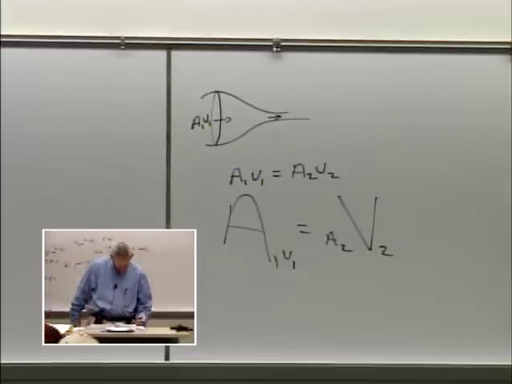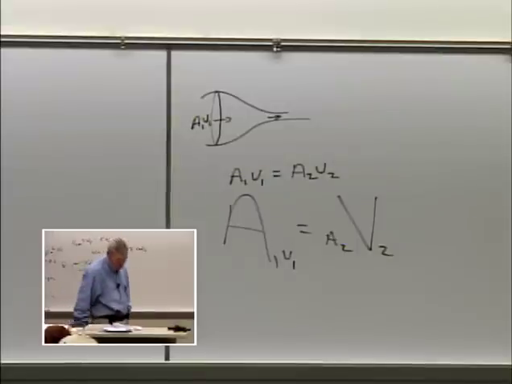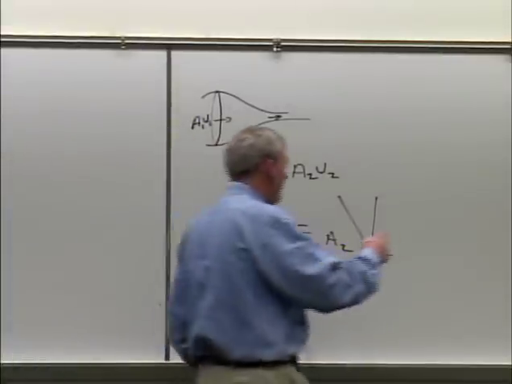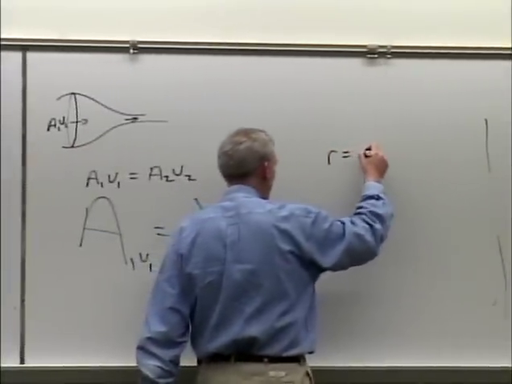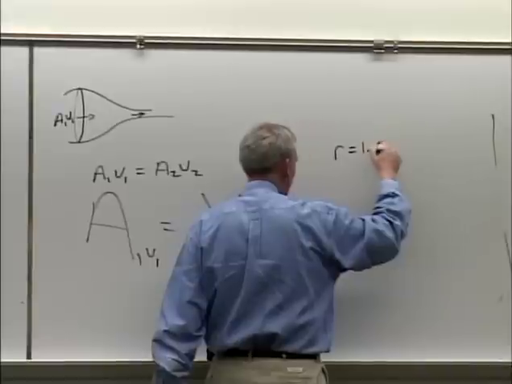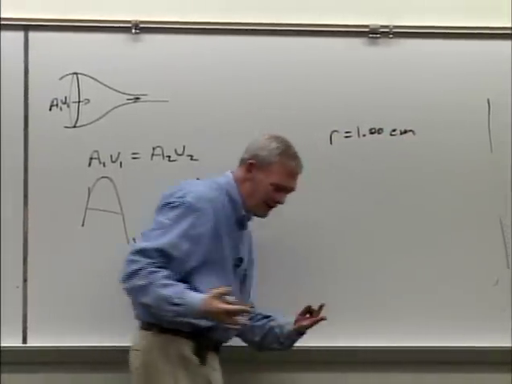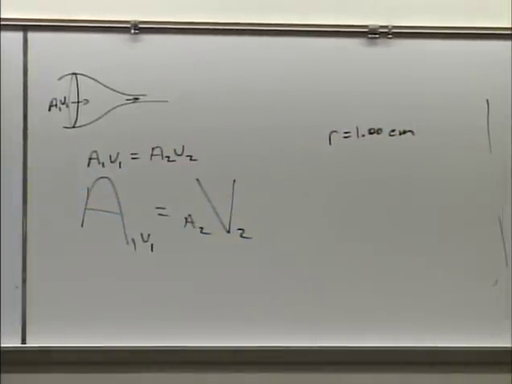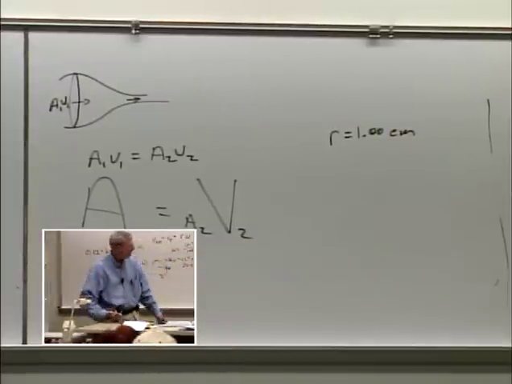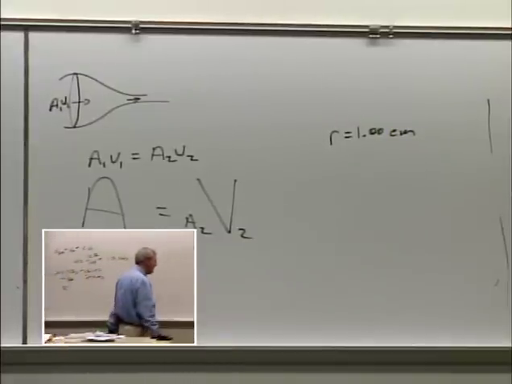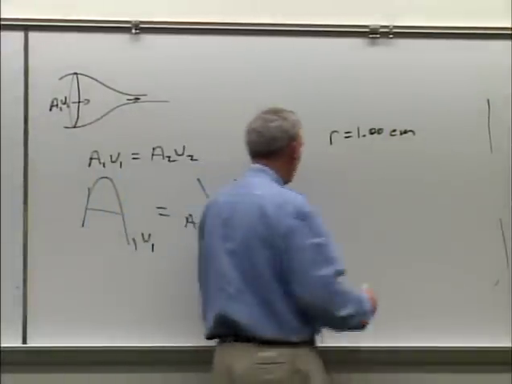Problem 61 says the blood flow speed through an aorta with a radius of 1 centimeter. Okay, first thing we've got to do, since we're dealing with the pressure in kilograms per meters cubed, I know you chemistry people hate this, but we've got to change this to meters.